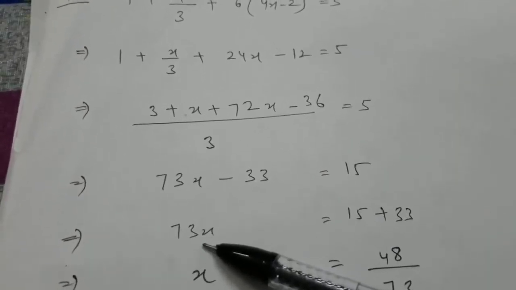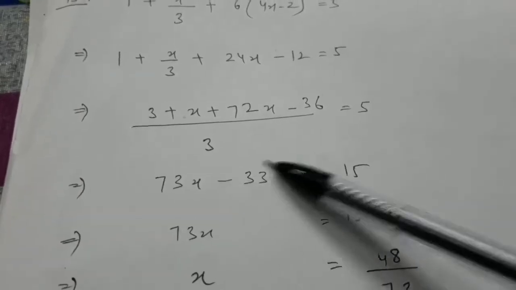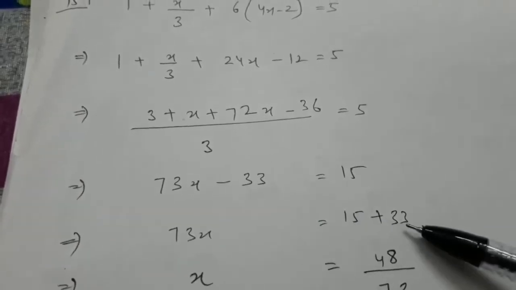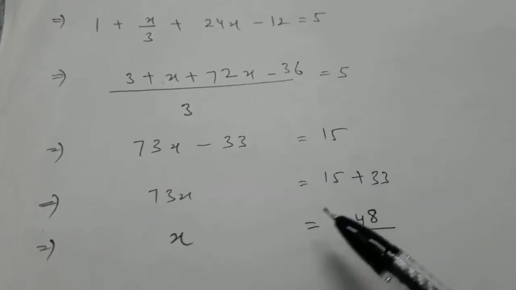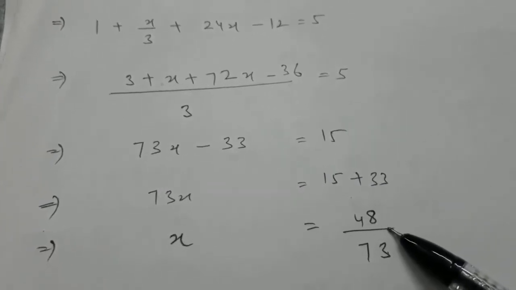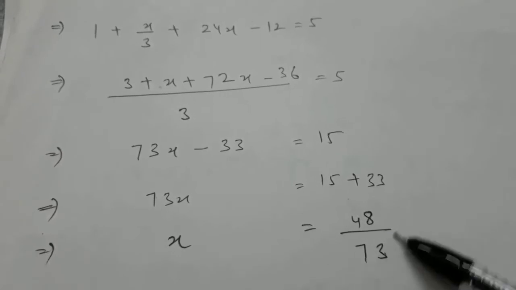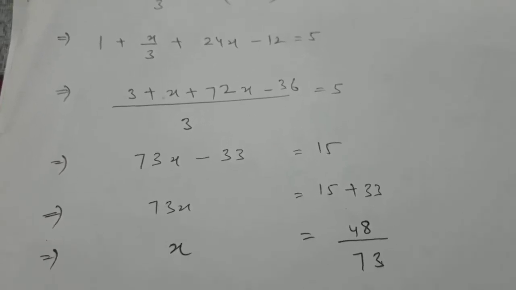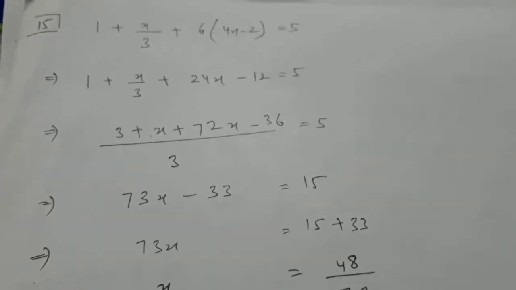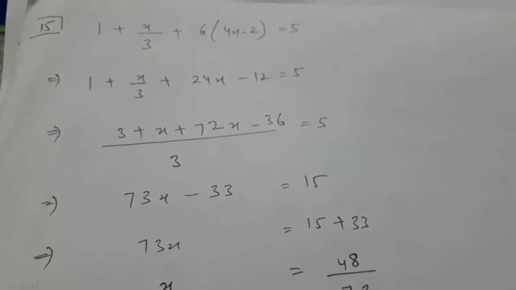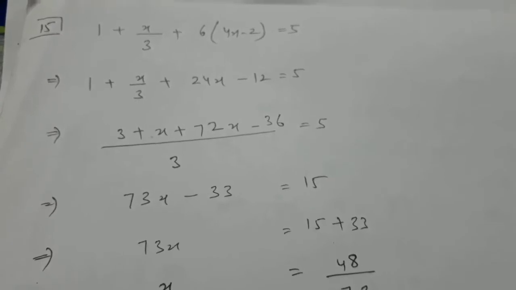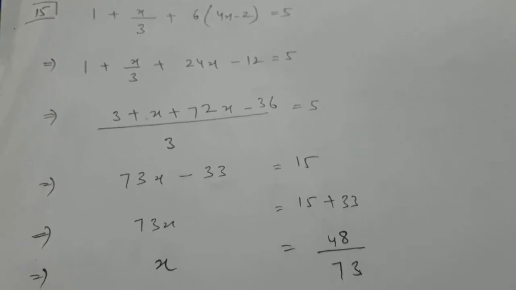So 73x, this minus 33 will be transposed to right hand side so as to become positive 33. So 15 plus 33 would be 48, so x will be equal to 48 by 73. So have a full glance of question number 15, exercise 8.1, chapter linear equations in one variable.